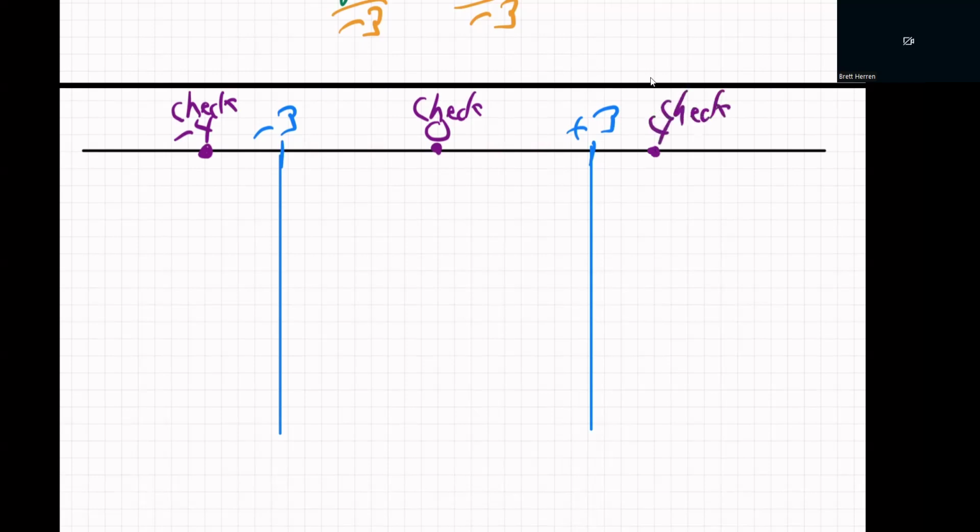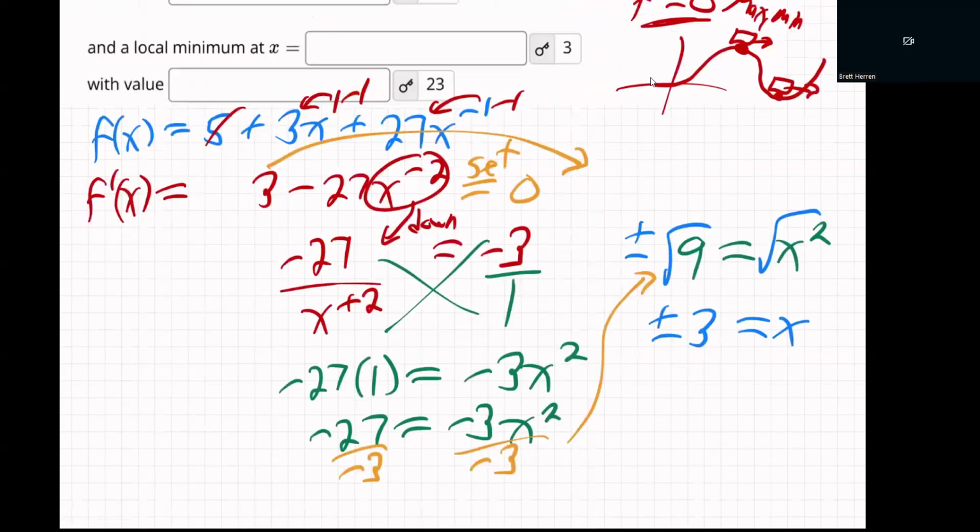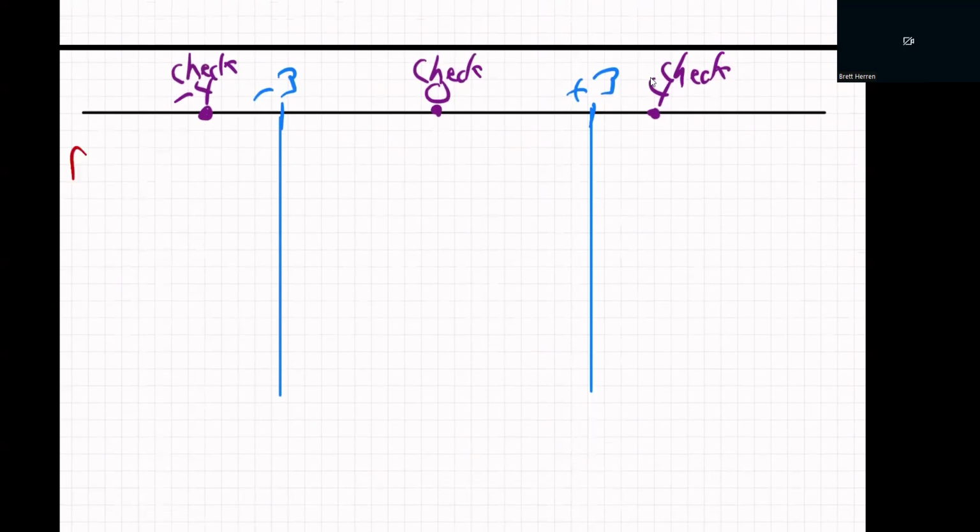Okay, here we go. Check the first derivative. Here's the first derivative: 3 minus 27x to the minus 2. I'm going to take that negative 4 and plug it in, and find out what the first derivative is.